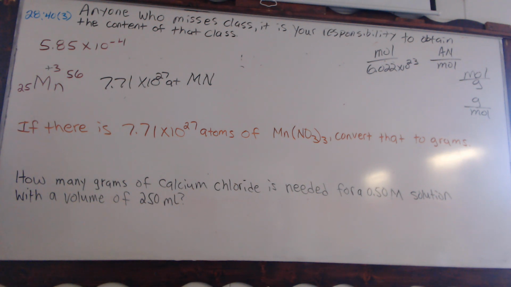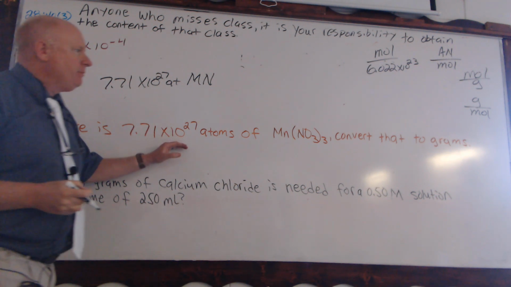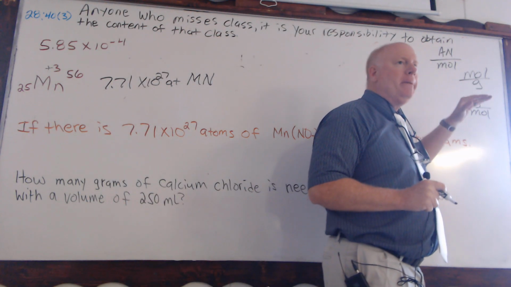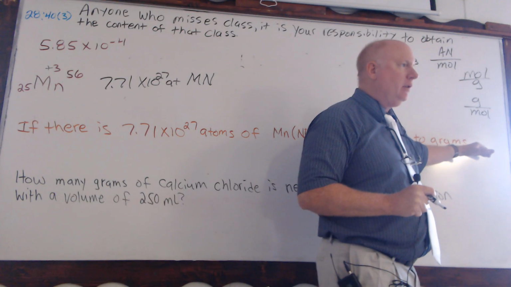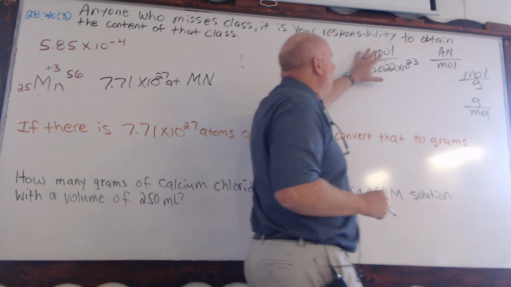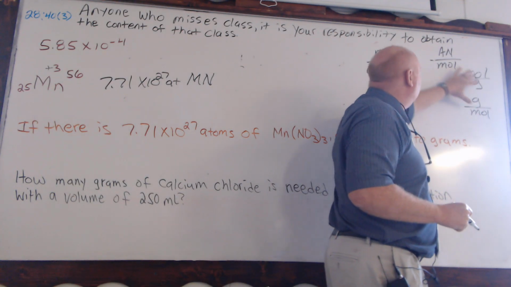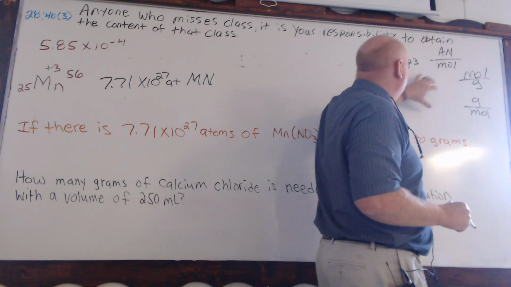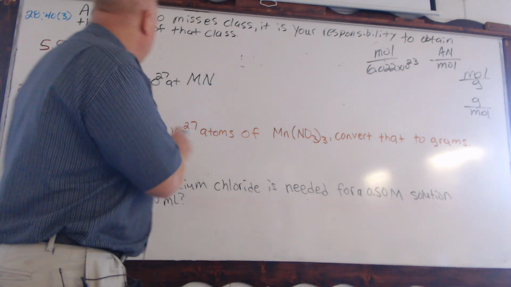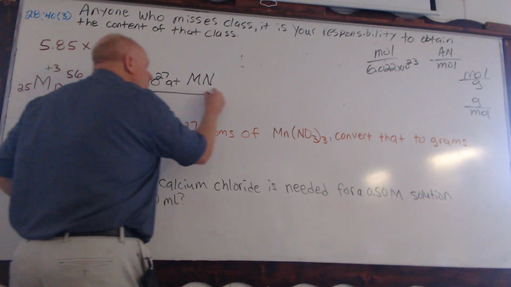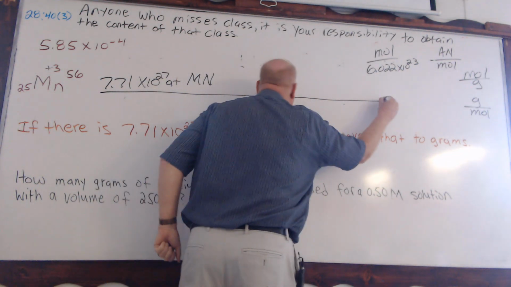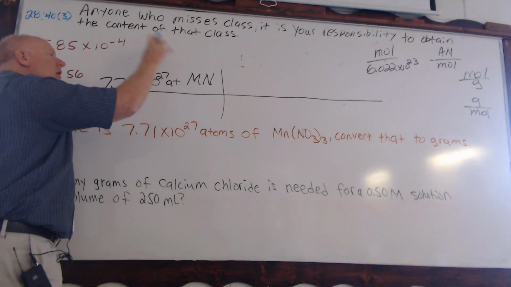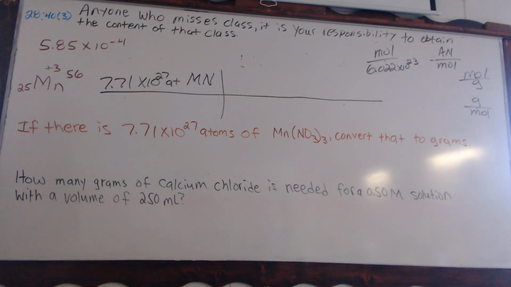So, in order to get from atoms to grams, we have to change this to moles first. Okay? So here are our conversion factors. Which one of these will get this number into moles? And we set it up like this. The clue you could say is, if we have atoms on top, how do we get that to cancel in our next step?